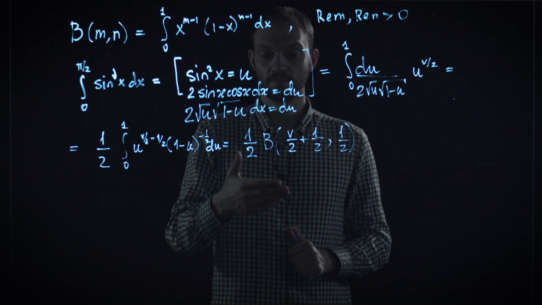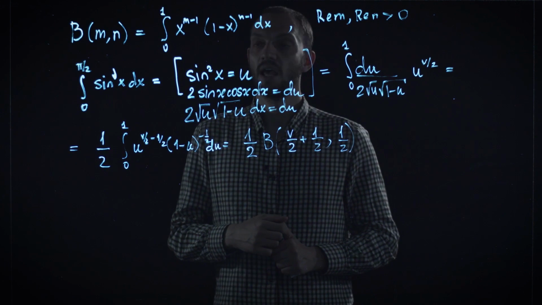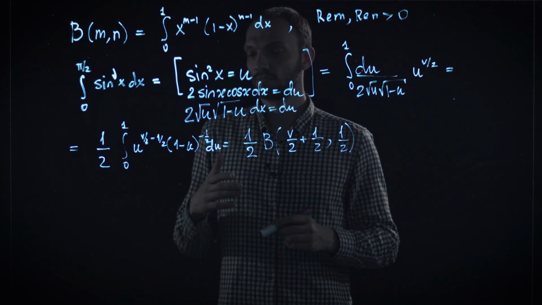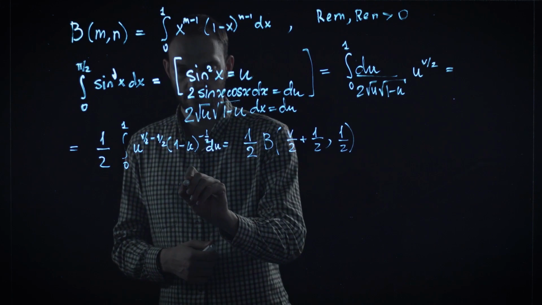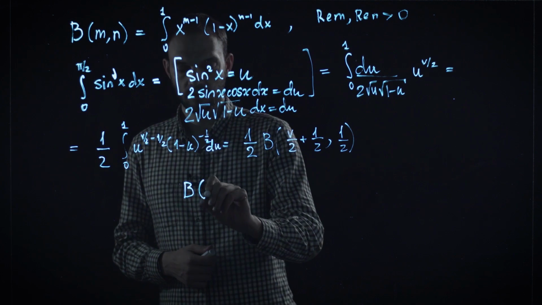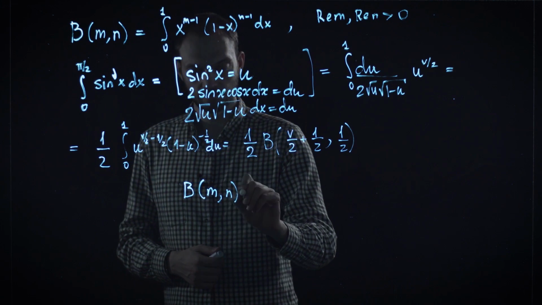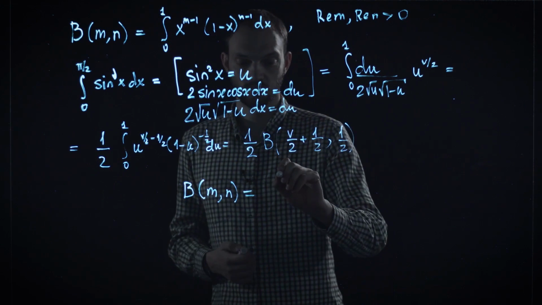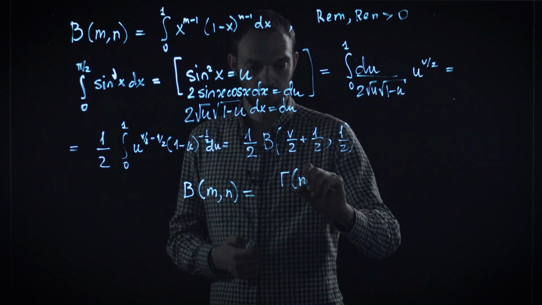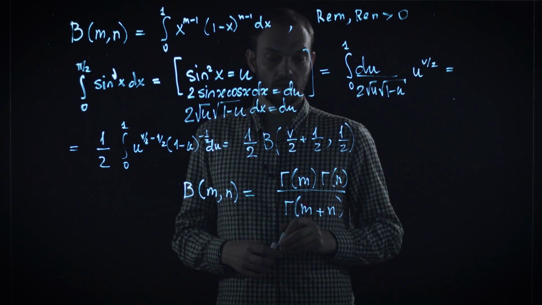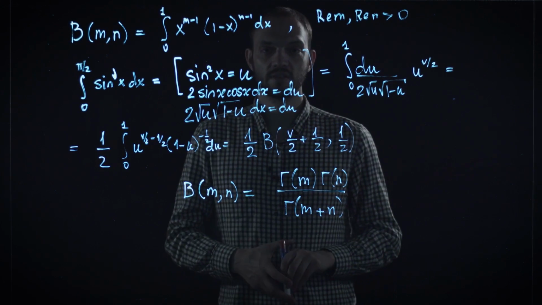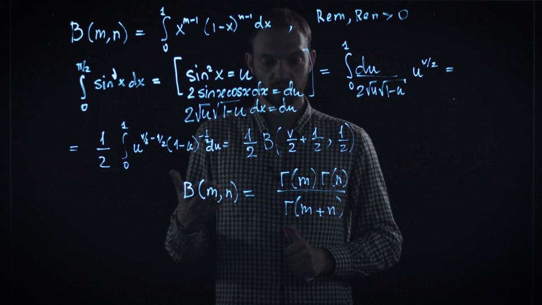Let us now try to understand the properties of this function. First, we will prove in this lecture the following very useful identity: the beta function of two arguments can be factorized into the following fraction, where capital gamma is just the Euler gamma function, well familiar to you.